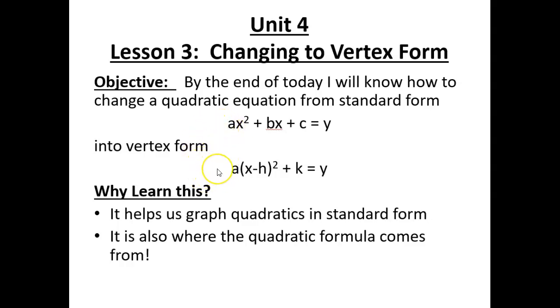I might show you guys how that works, maybe even offer that as an extra credit. But for now, just know that it is useful to be able to change a standard form into a vertex form. And that's what today's all about.